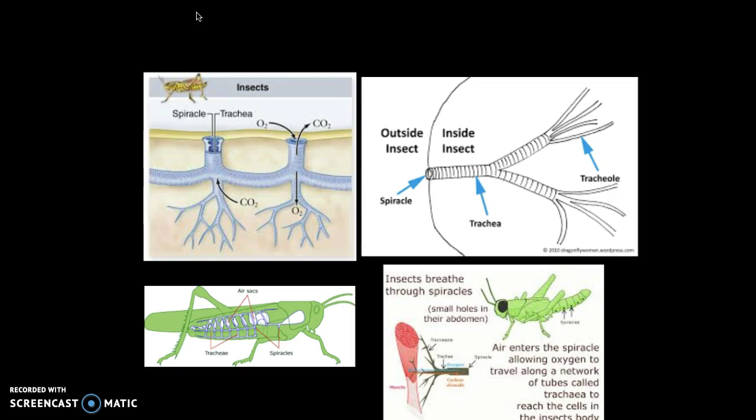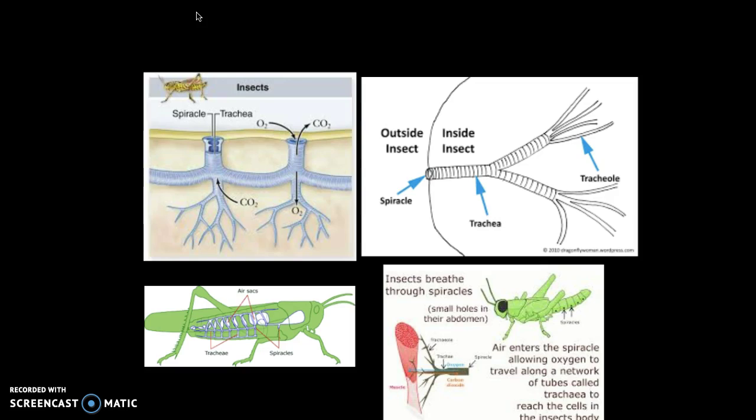The airflow is moved throughout there, and the tracheoles are basically little tracheas that export the air or oxygen where it needs to go in the body, to the different cells and tissues in the insects or in the spiders. O2 comes in and CO2 comes out.